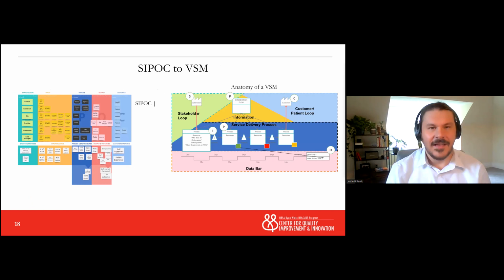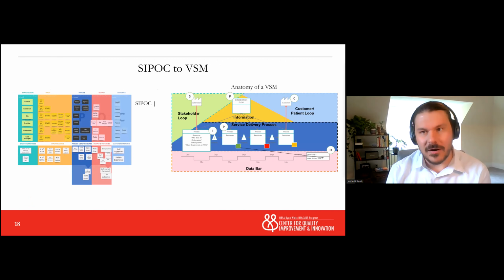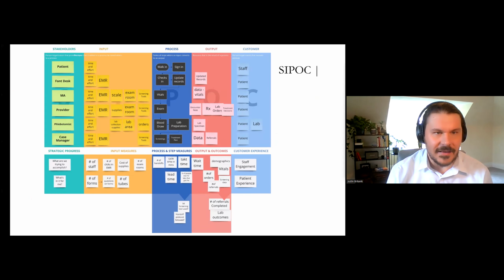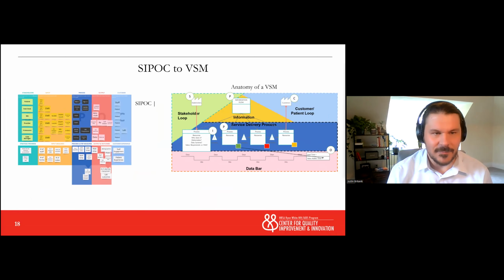So why I said do a SIPOC, collect measures, is because a lot of this is just reorganizing and transferring stuff over. Everything that we put in the stakeholder piece fits in this stakeholder loop over here.